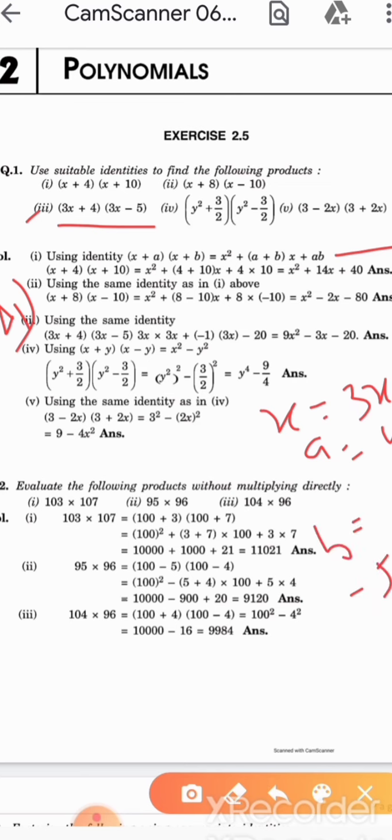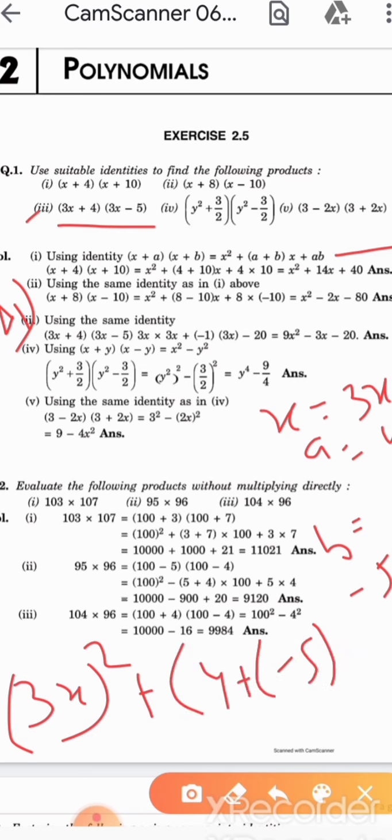Using the identity, we write the step: (3x + 4)(3x − 5) = (3x)² + (4 + (−5))(3x) + 4 × (−5), where a means 4 and b means −5.